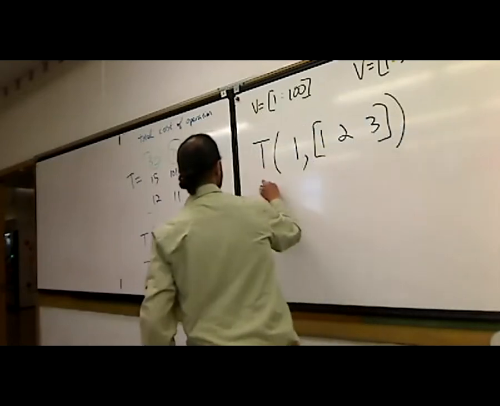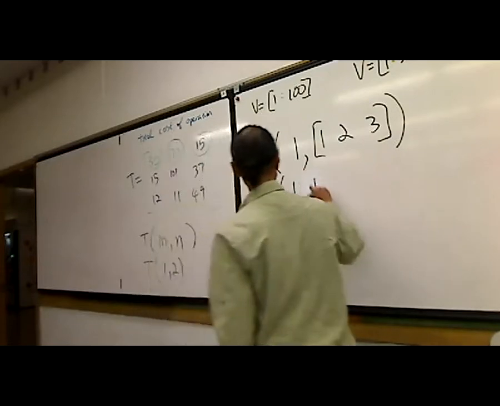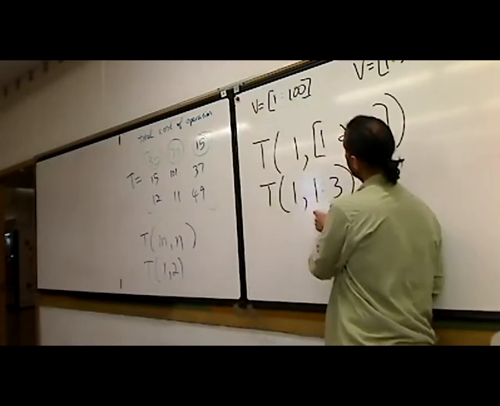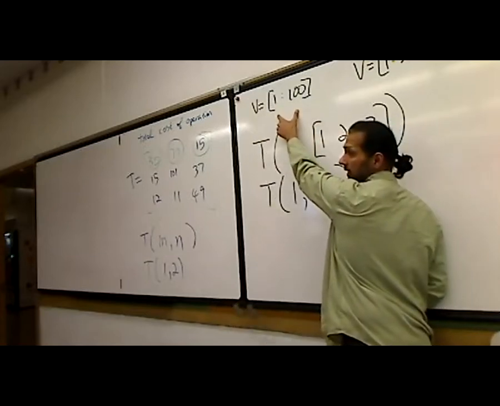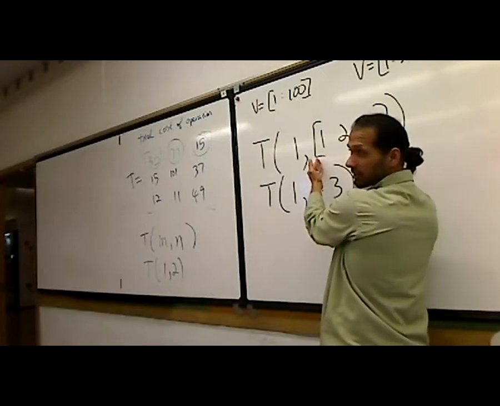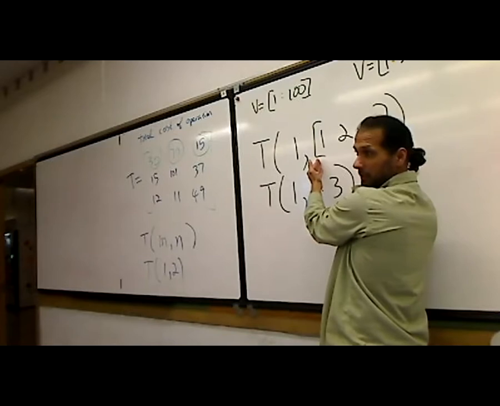Another way to do exactly the same thing is 1, comma, 1, colon, 3. It's the same exact colon operation. The 1, colon, 3 gets expanded to look exactly like this: 1, 2, 3.